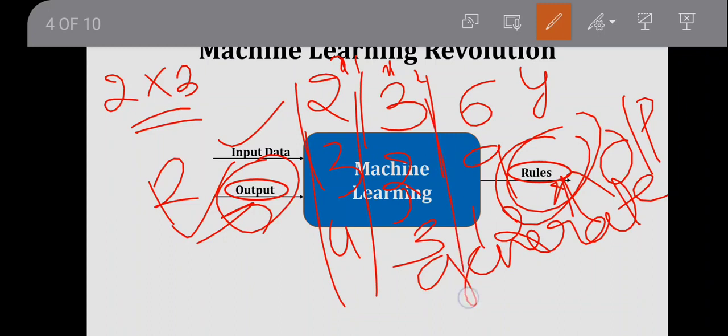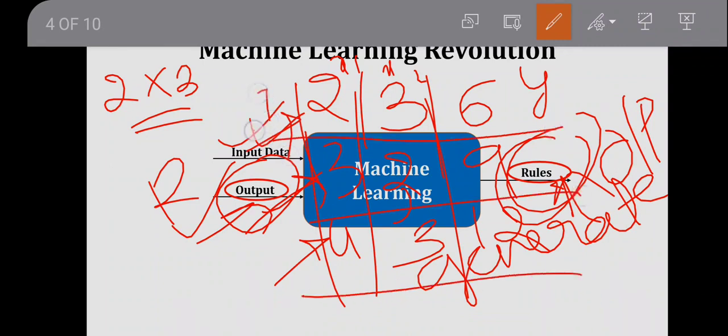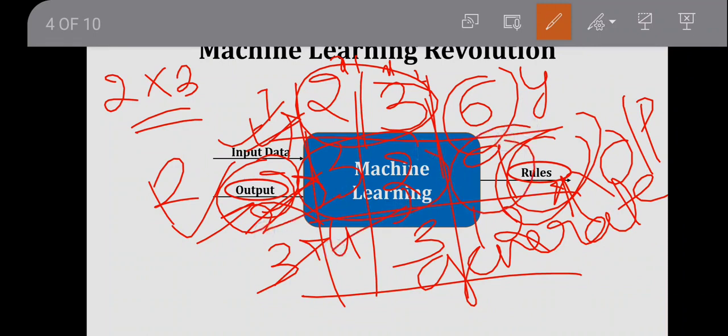So what a machine does is go through the instances or examples. These are called training examples. This is the first example, this is the second example, this is the third example. So it takes input 2 and 3 and produces output y. Then it takes input 3 and 3, produces output 9. It goes to 4 and 3, the output is 12.